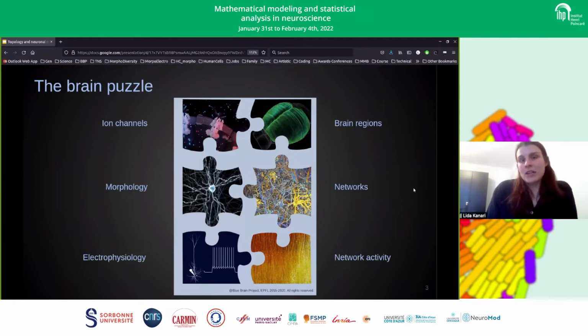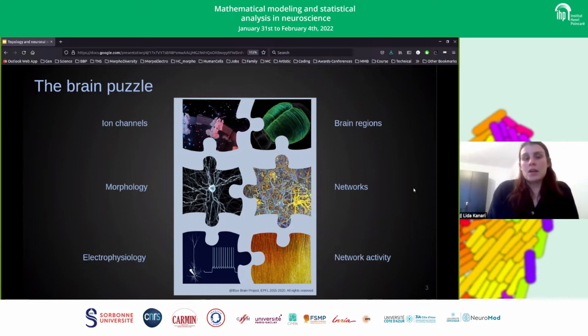So here is a picture where we're trying to put together all the pieces that we have information about in the brain. We start from a very, very small level, such as ion channels and the vesicles that we've seen in a topic earlier today, which are populating neuronal morphologies.